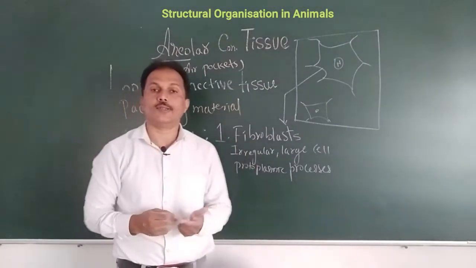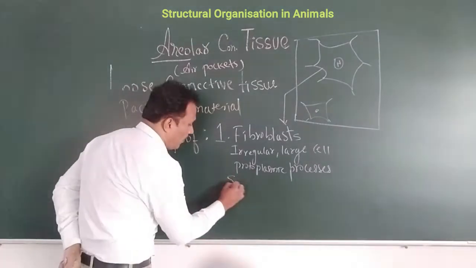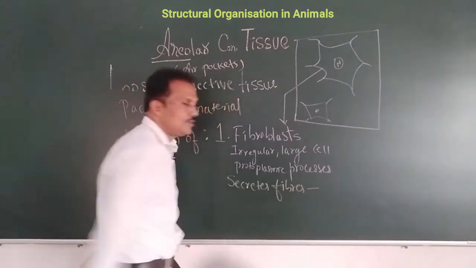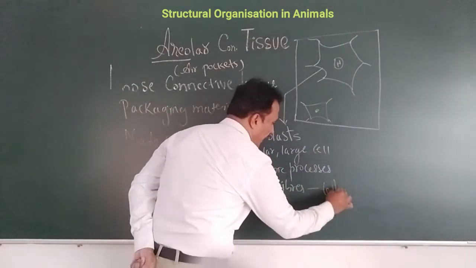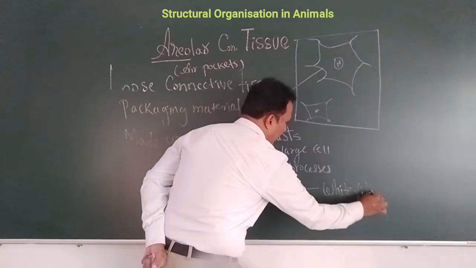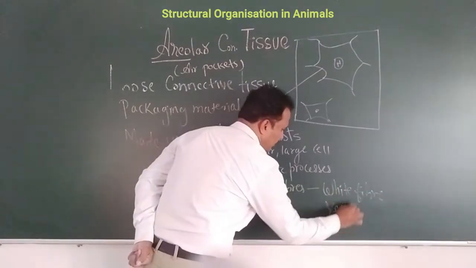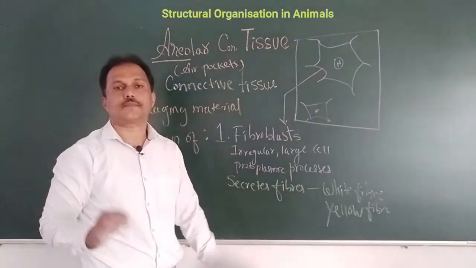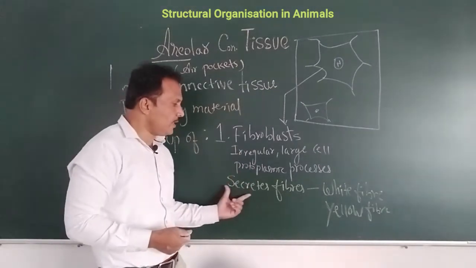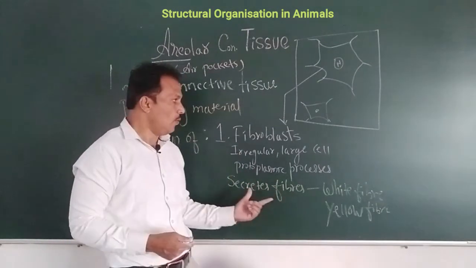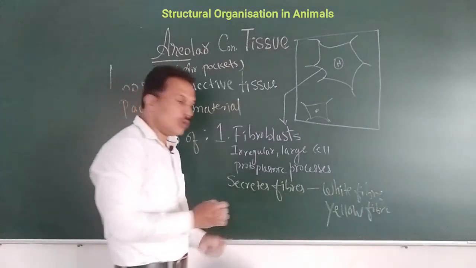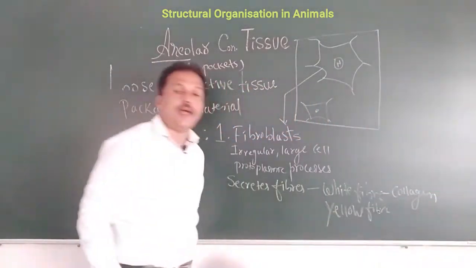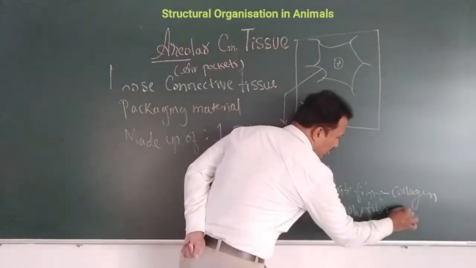This fibroblast secretes fibers of two types. One is white fiber and another one is yellow fiber. The white fiber is known as collagen, and the yellow fiber is known as elastin.